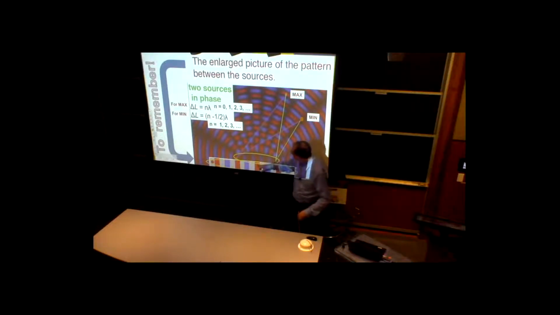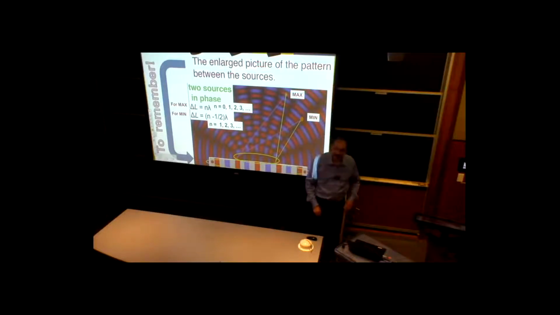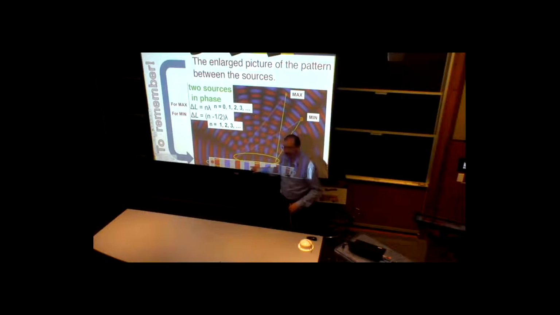And now this point represents the whole line with the same condition. If we move a quarter of a wavelength to the left or to the right, we reach the minimum of intensity, the node of this wave. And that will represent the whole line of nodes with the same path length difference, etc., etc.